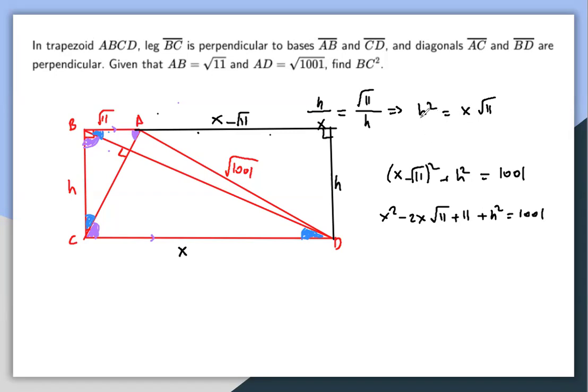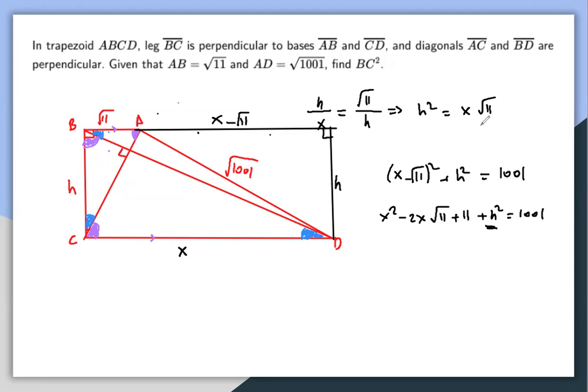I can take x as h squared over root 11 and then replace it. Actually, let's do it that way, so that might be useful. Otherwise, I need to get x first, which is probably possible as well.